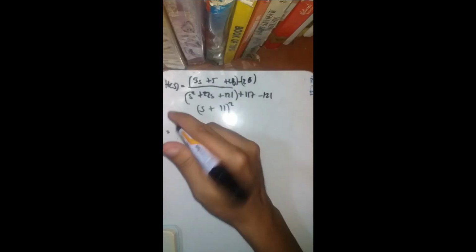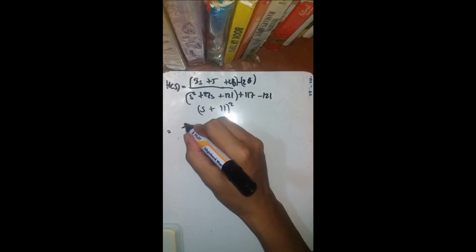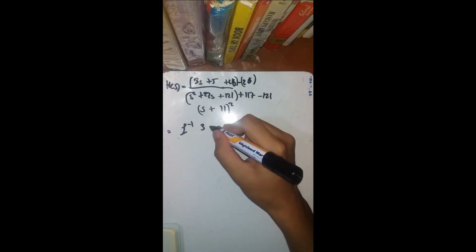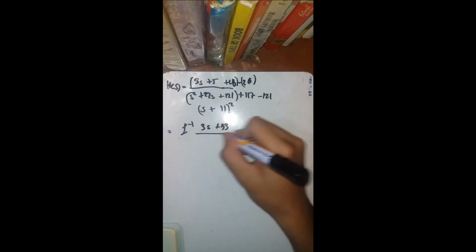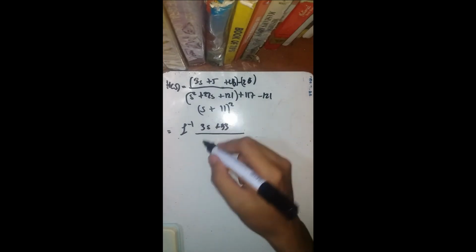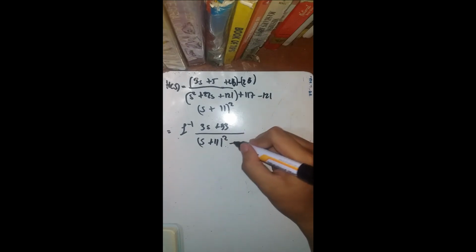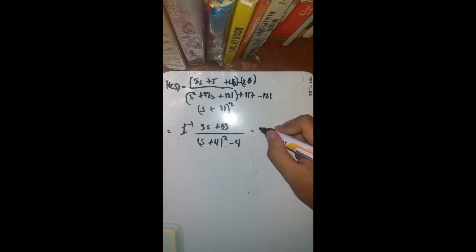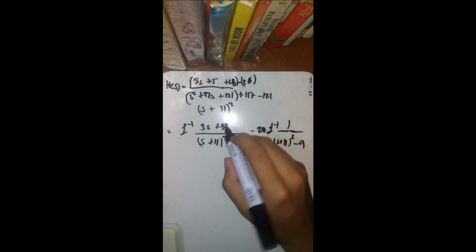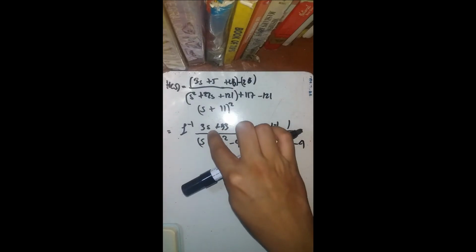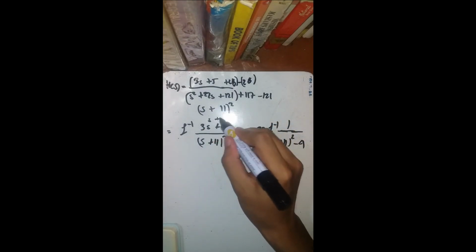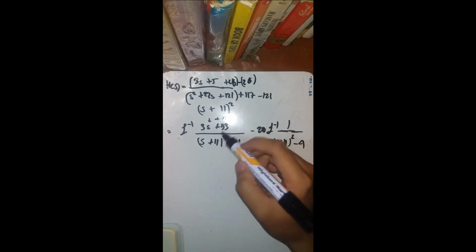So this will become the inverse Laplace of (3s plus 33) all over (s plus 11) raised to 2, minus 4 minus 28 inverse Laplace of 1 over (s plus 11) raised to 2 plus 4. Now we can take out the 3, so what's left is s plus 11, and you see here that they are equal now.